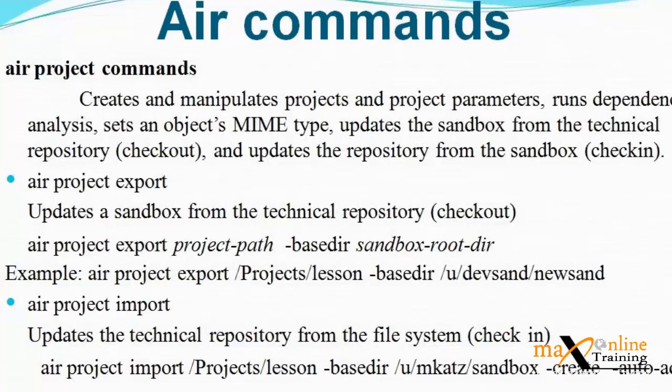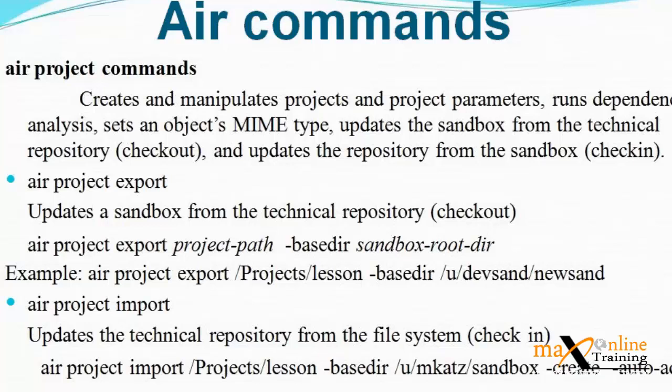If you have the access, you can do it from the backend using add project export. It is used to check out a sandbox from the repository. So it updates a sandbox from the technical repository, and the command syntax is add project export, the project path, and then hyphen base dir sandbox path.